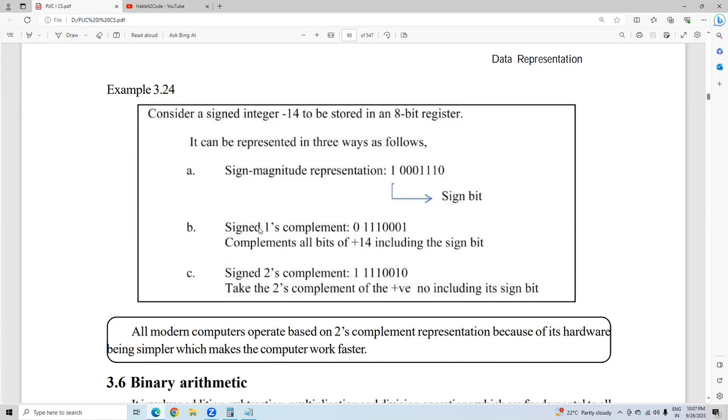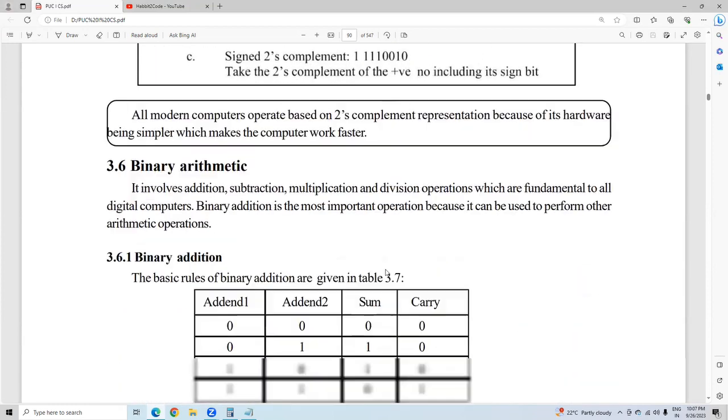If we are representing using ones complement, zeros become 1 and ones become 0. You swap all these 8 bits like this and you get this answer. For twos complement, first you find the ones complement and then add 1 to it, and the result is going to be this.